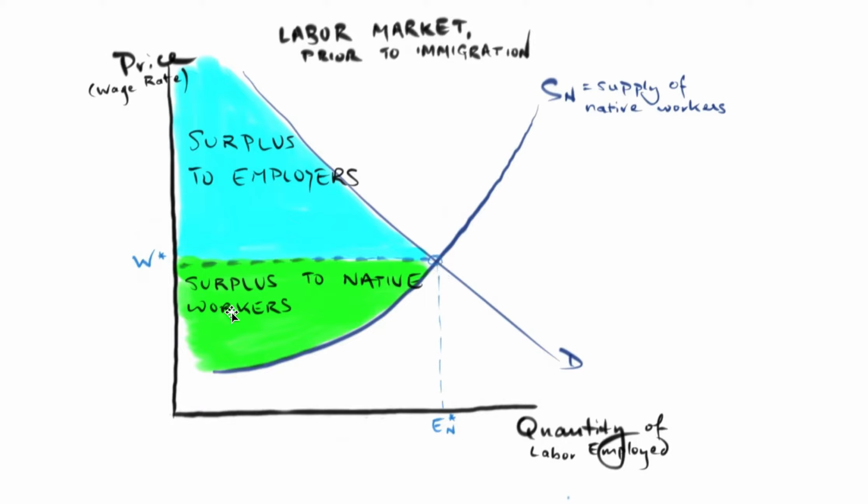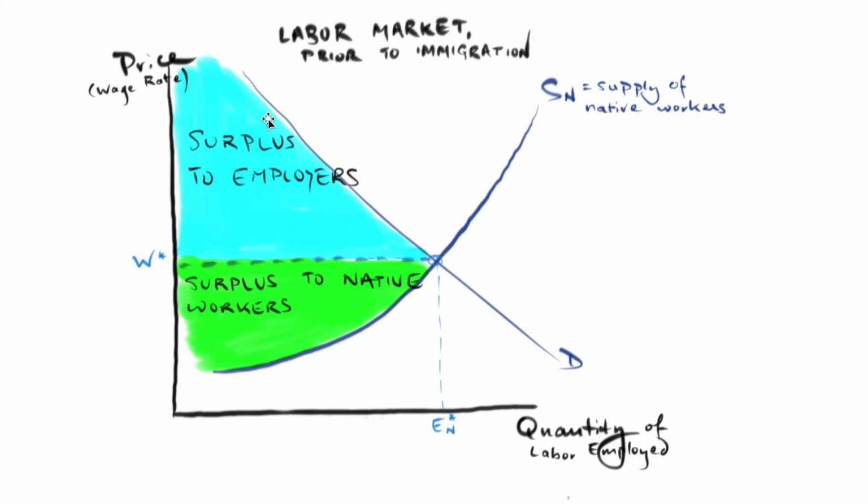So all of this green area is surplus to workers, native workers. That's all there are in the economy right now. The area above the wage up to the demand curve, that's the surplus to the buyers in the market. In this case, the buyers of labor, those are employers. Okay, so again, here's the market prior to immigration.